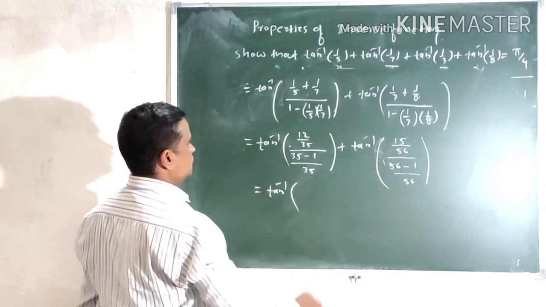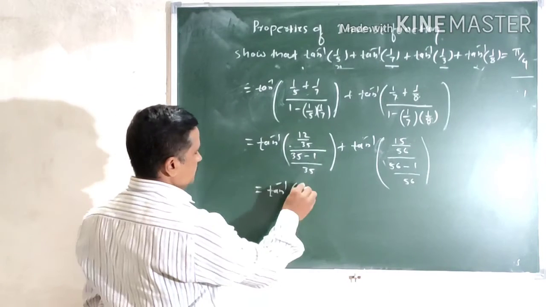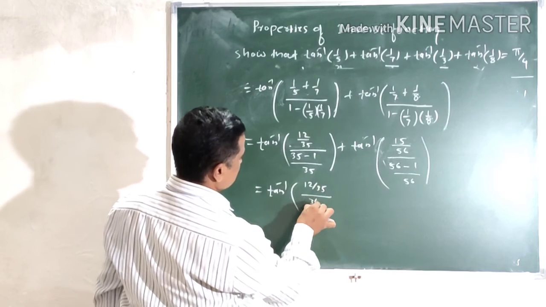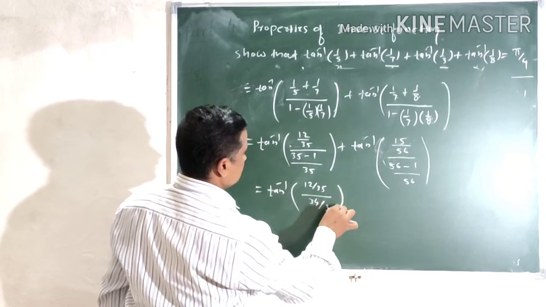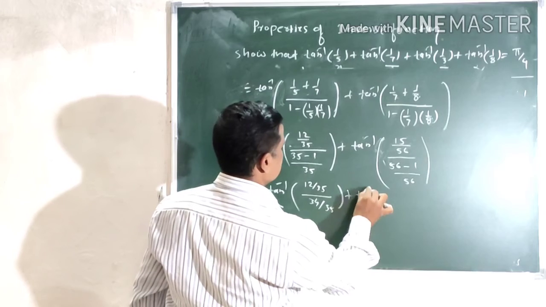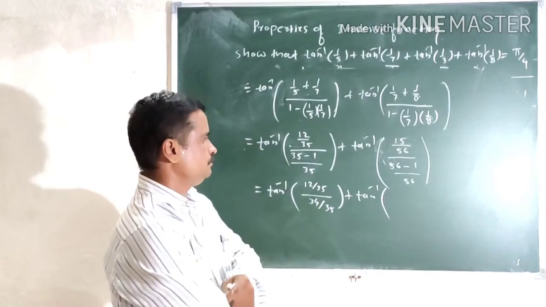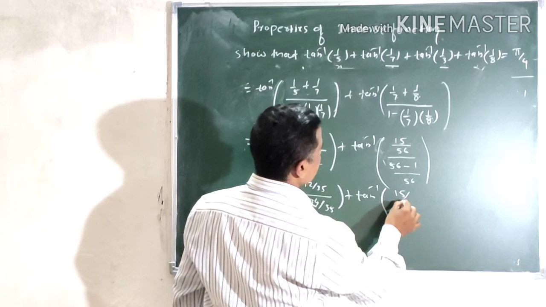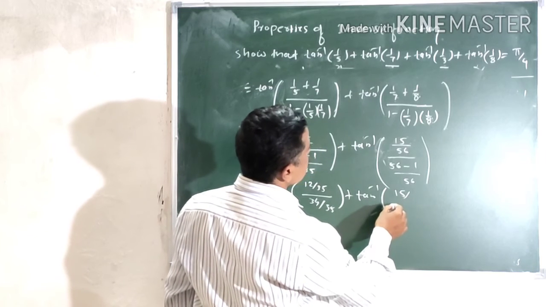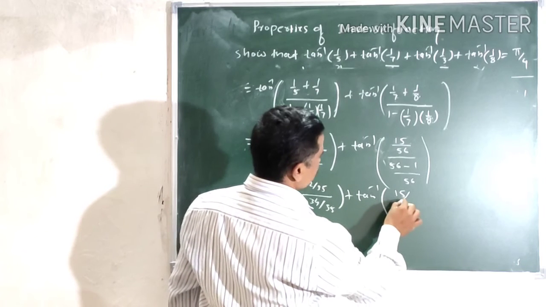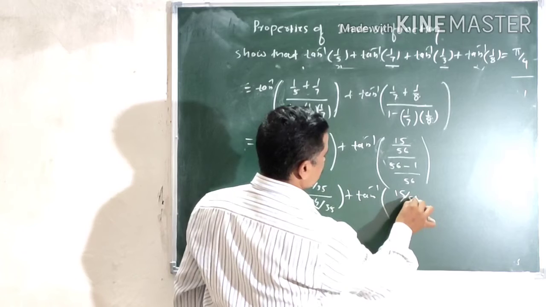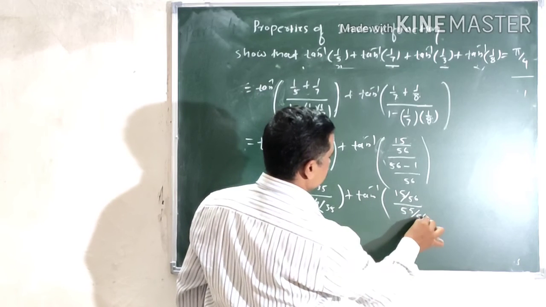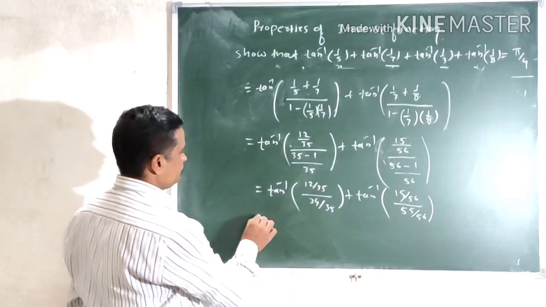It is equals to tan inverse of 12 by 35, it is 34 by 35, plus tan inverse of 15 by 56, it is 55 by 56.